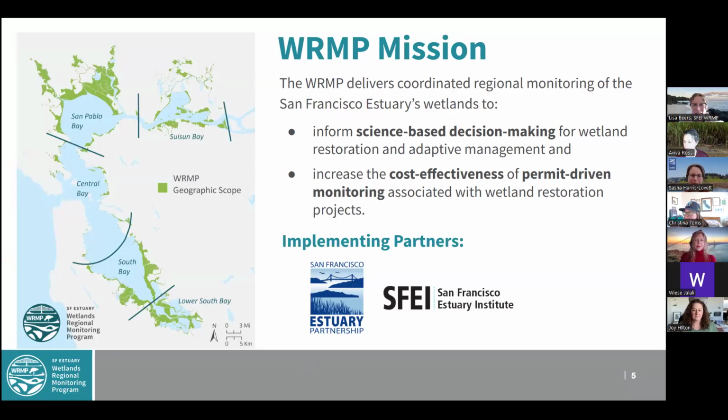Our mission is to deliver coordinated regional monitoring of the San Francisco Estuary's wetlands, first to inform science-based decision-making for wetland restoration and adaptive management, and second, to increase the cost-effectiveness of permit-driven monitoring associated with wetland restoration projects. The WRMP is co-implemented by the San Francisco Estuary Partnership and San Francisco Estuary Institute.